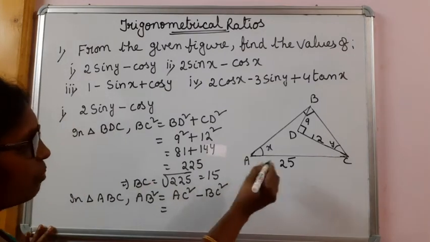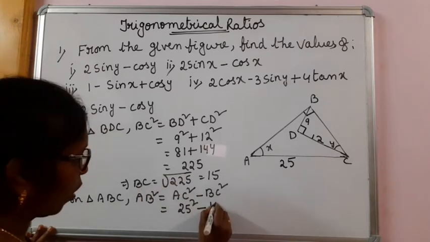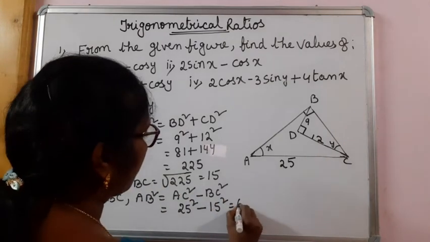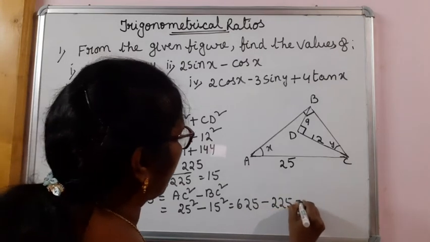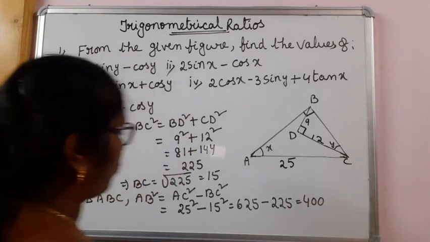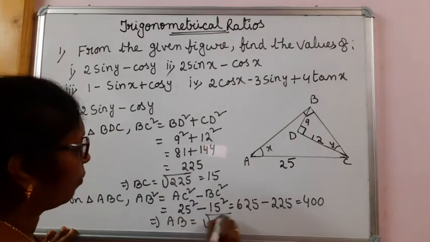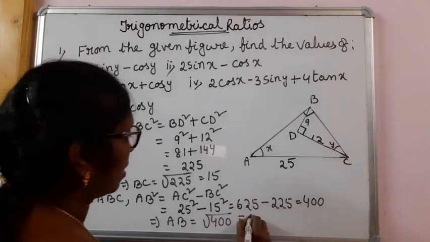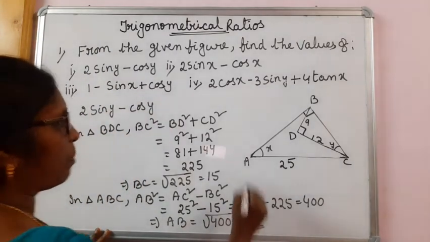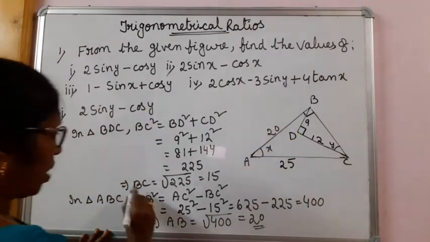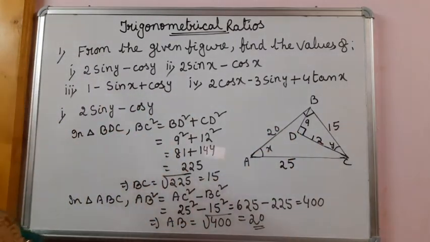AC is given 25 square, BC we got 15 square. 25 square is 625, 15 square is 225, that gives you 400. That implies AB is equal to square root of 400, that is equal to 20 units. So let me write AB 20 here, and BC we got 15, for better understanding.